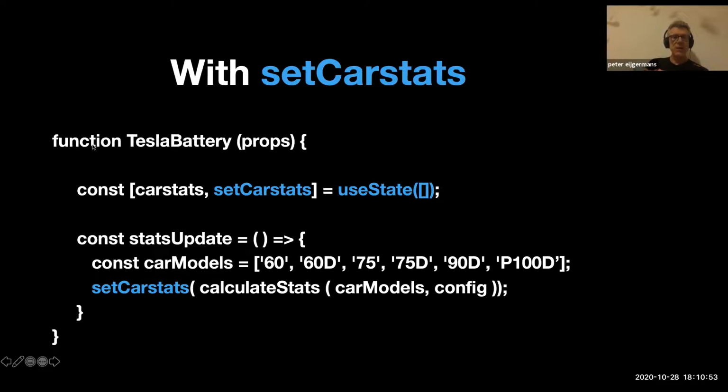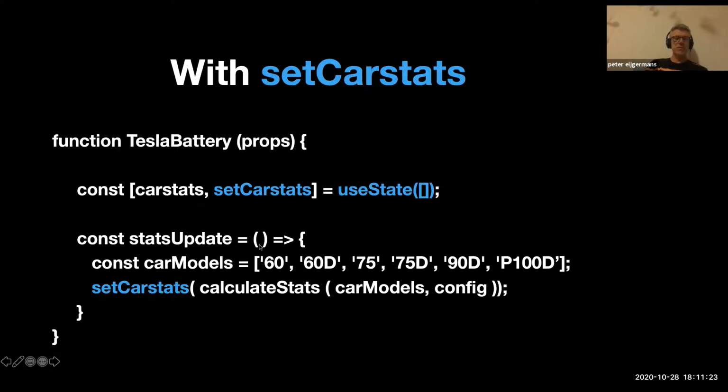Here you see we make a function of the component. Here I define upstairs with useState the carStats property and the setCarStats function to update the current state of the car stats. And here I define a statsUpdate function.